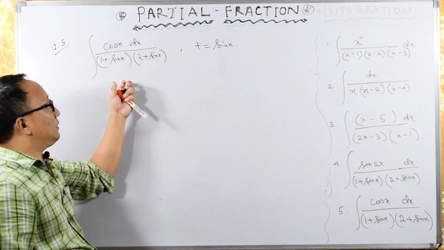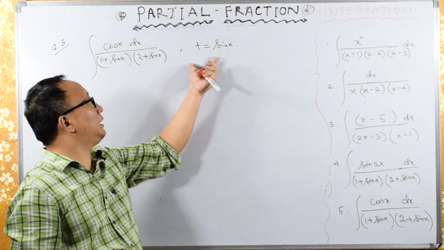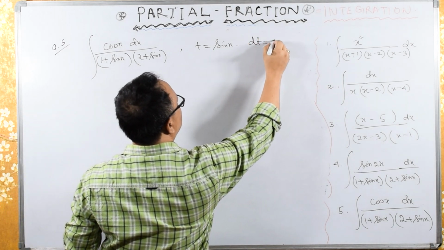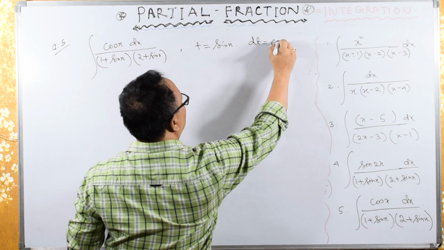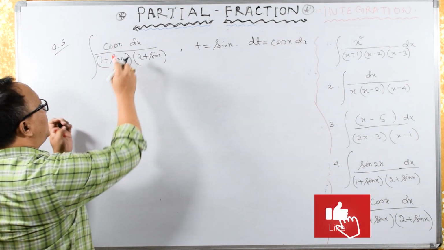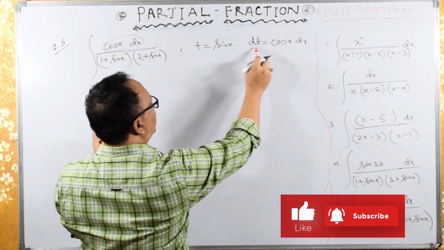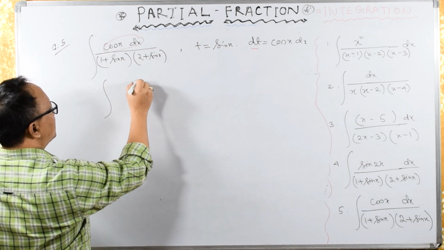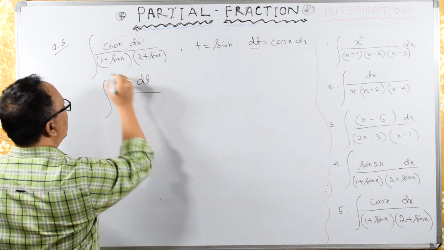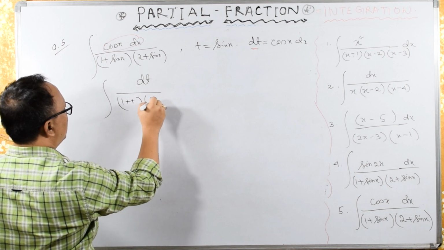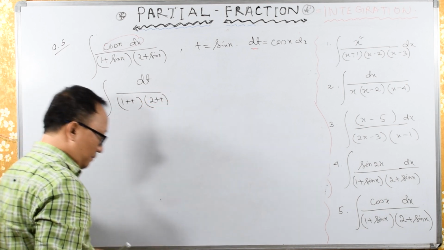Now if I substitute t equals sin x, then dt, the differentiation of sin, is cos x dx. So this term cos x dx I am getting as dt. Therefore this is the same as dt upon 1 plus t and 2 plus t.